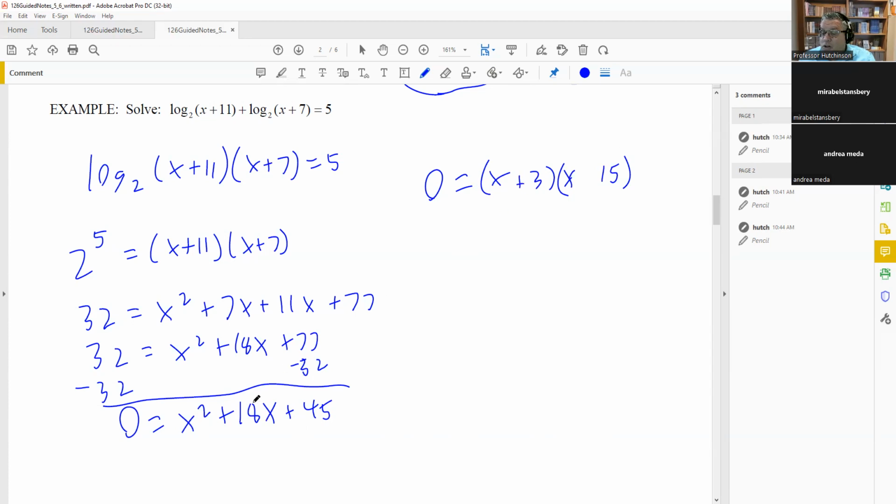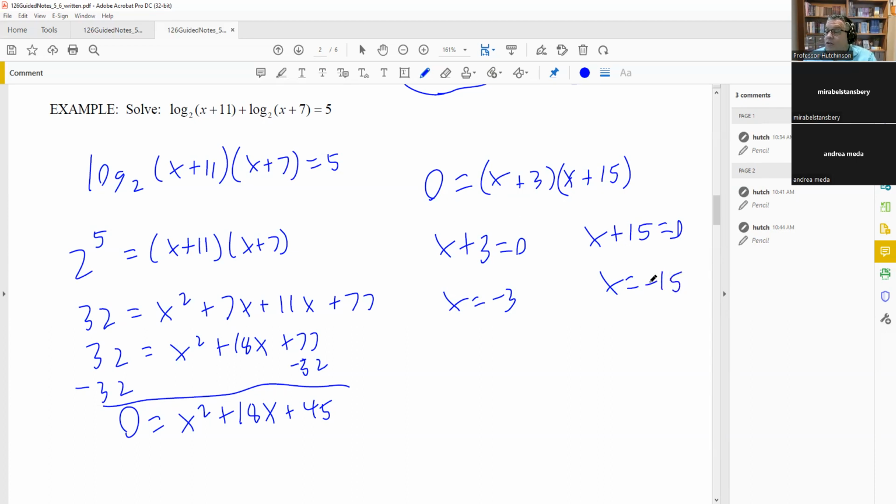And then since all these are plus, all these will be plus here. 3 times 15 is 45, and when you add them together, it does equal 18. So that's factored correctly. x plus 3 equals 0. x plus 15 equals 0. Subtract the 3, we get -3, and we get negative 15.